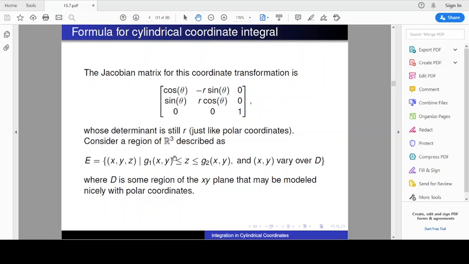These functions here don't really have to behave too nicely with polar coordinates. It's just that whatever two-dimensional region D in the xy plane your E projects to, that region should probably be modeled nicely in polar coordinates. And if it is, then you might consider using cylindrical coordinates to model your region E.